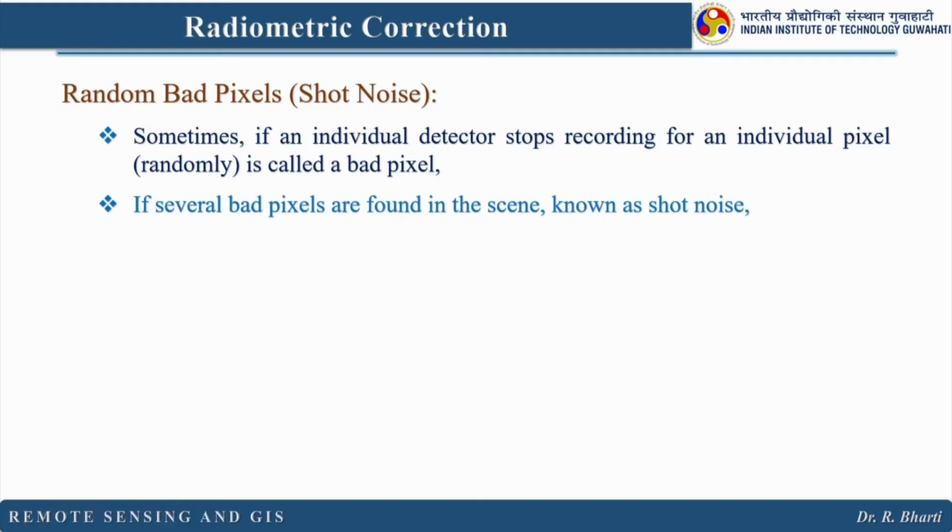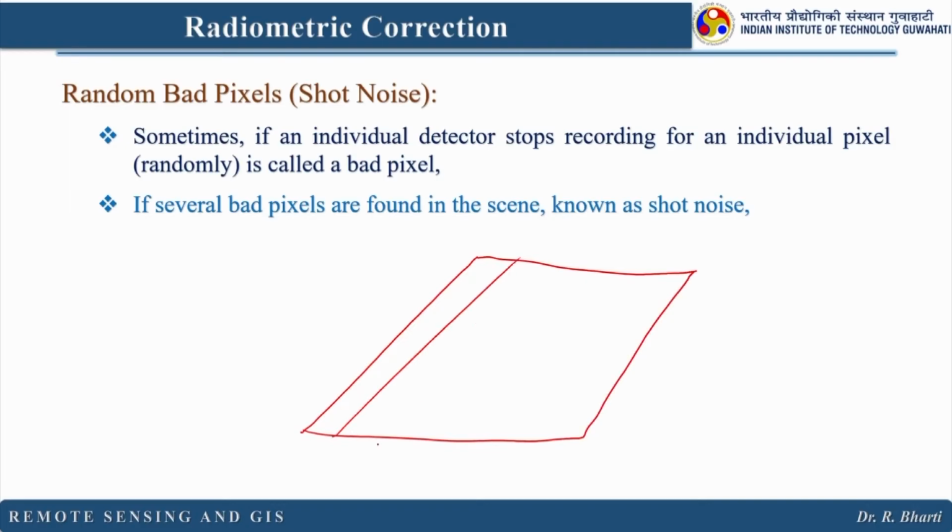If several bad pixels are found in a scene, it is known as shot noise. So suppose this is your image and all the values have been recorded, right.